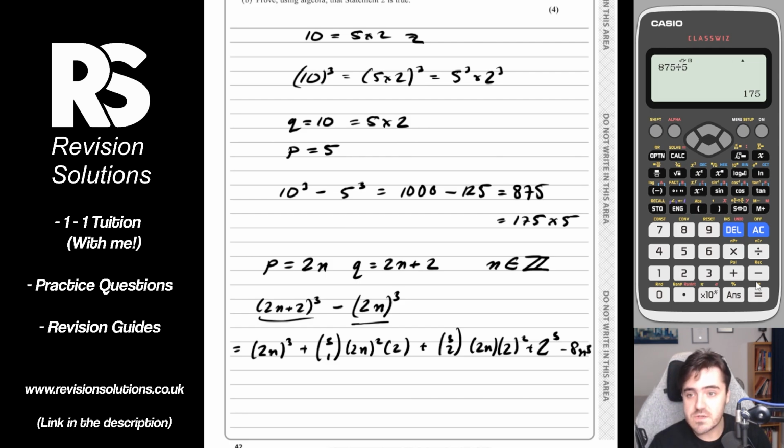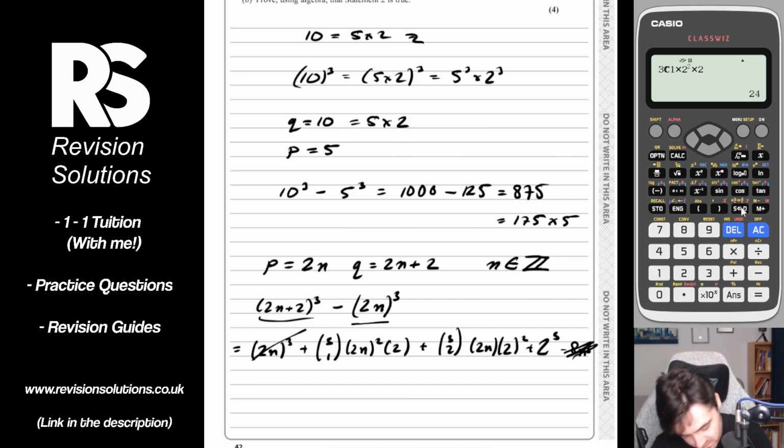Cool. Now let's start simplifying. Well, (2n) all cubed is also 8n cubed, so that completely cancels with that. Then 3 choose 1 times (2n) squared times 2. Let's check that with a calculator so it doesn't make a mistake. 3 choose 1 times 2 squared from that 2n squared, and then the final 2 on the end, so times another 2.